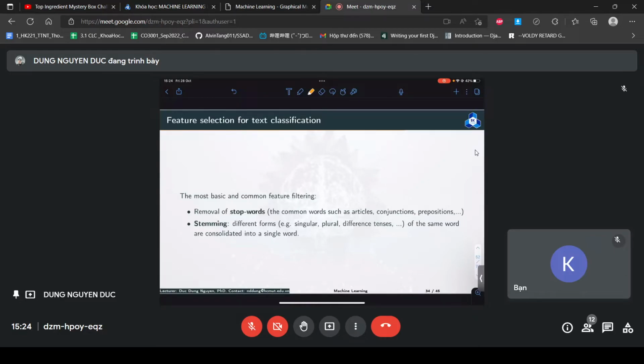Suppose that I have a document like that. When you pre-process my text and do stemming, what you should get is, I do it yesterday and I do it today and I do it tomorrow. So what I care about is only the original form of the verb, not anything else.